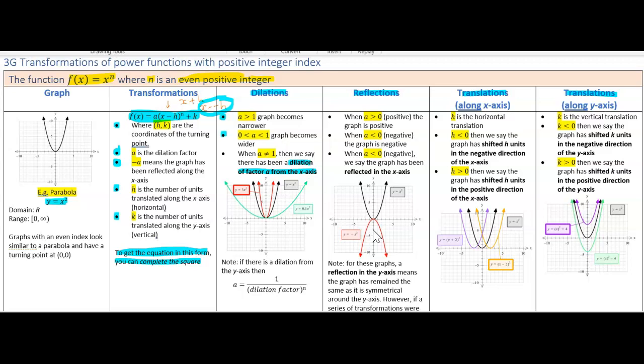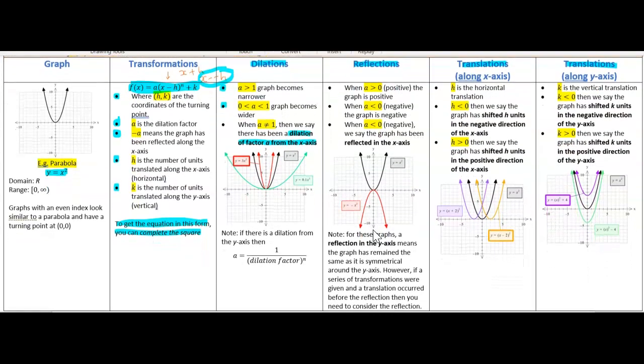Now, I've written here A is not equal to 1, but if A is equal to 1, the graph doesn't change because you have y equals 1x squared, which is the same thing. So when A is not equal to 1, then we say that there has been a dilation of factor A from the x-axis. Now, if you want to do it from the y-axis, it's a little bit more complicated.